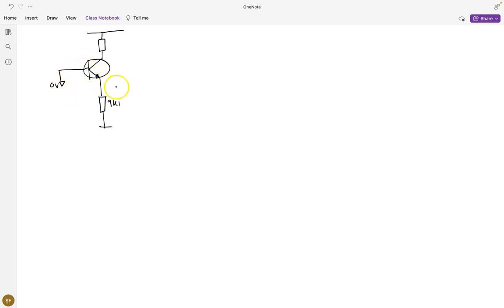So we've connected the base to 0 volts there. We've got the emitter. We'll call this the RE resistor, typically RC resistor, because we've got the collector, the emitter, and the base there. Bias this minus 10 volts.